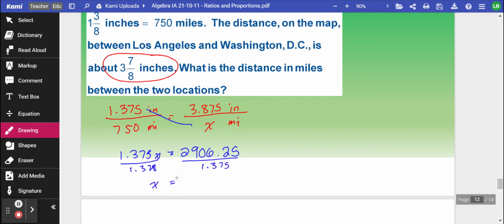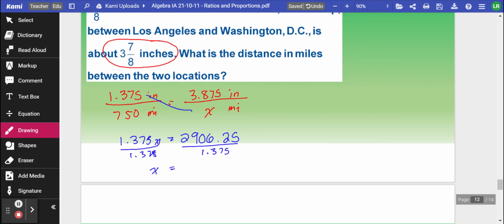And x equals, see, divide by 1.375. Ooh, it's a repeating decimal here. And I'm getting 2,113.63 repeating. And that would be miles.